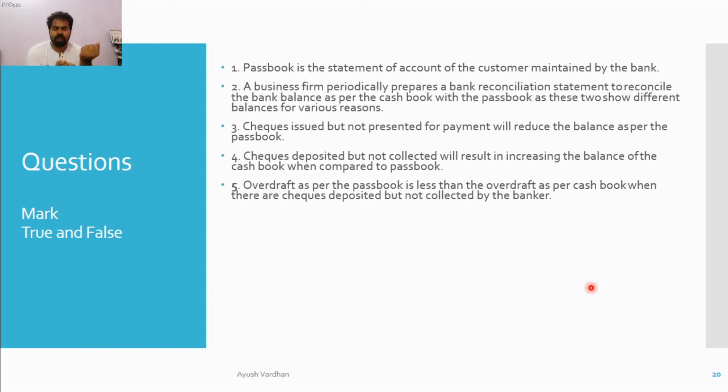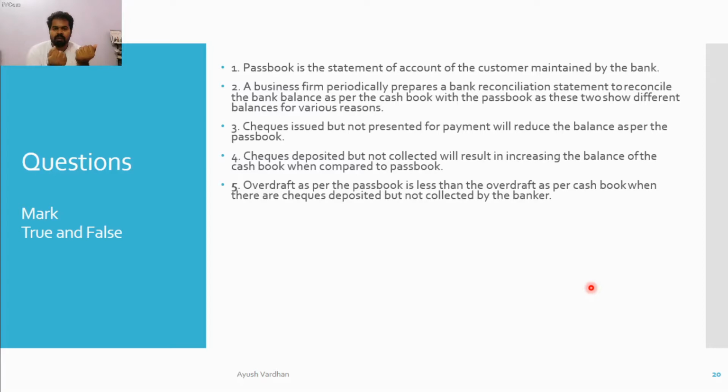No, it cannot happen. When a check is deposited into the bank, we make an entry in the cash book, but we don't make an entry of that in the passbook.